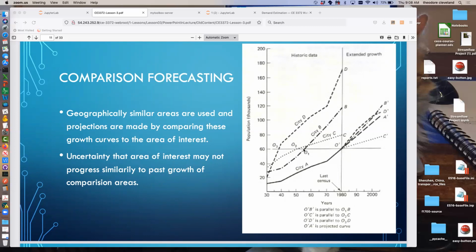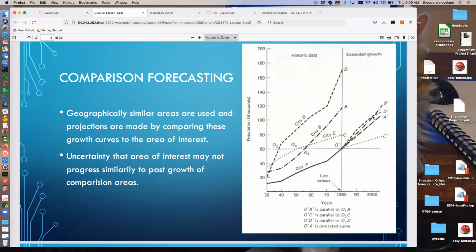So we simply move the stuff above 60,000 from these three over to this location, O prime. And we say, well, if city A grows like city C by the year 2000, which happened 22 years ago, we expect it to be at that population. If it grows like B, that population.